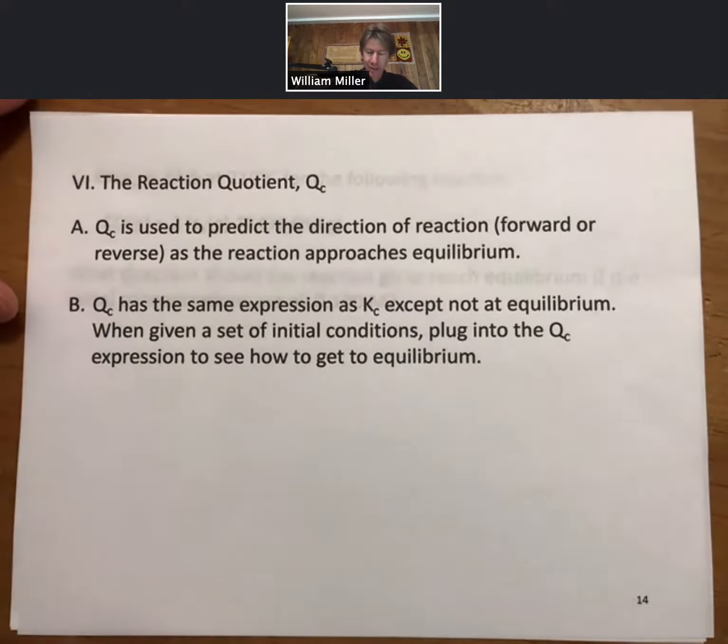QC has the same expression as KC, except not at equilibrium. So when given a set of initial conditions, plug into the QC expression to see how to get to equilibrium.